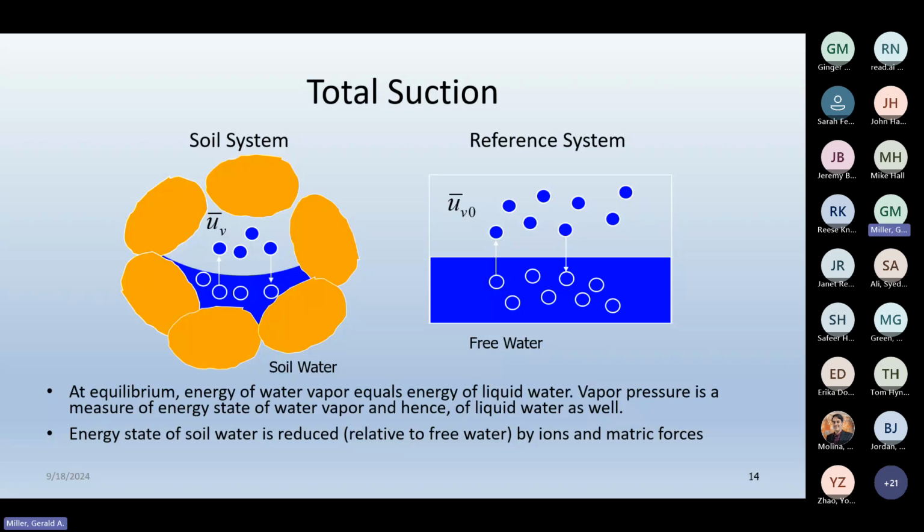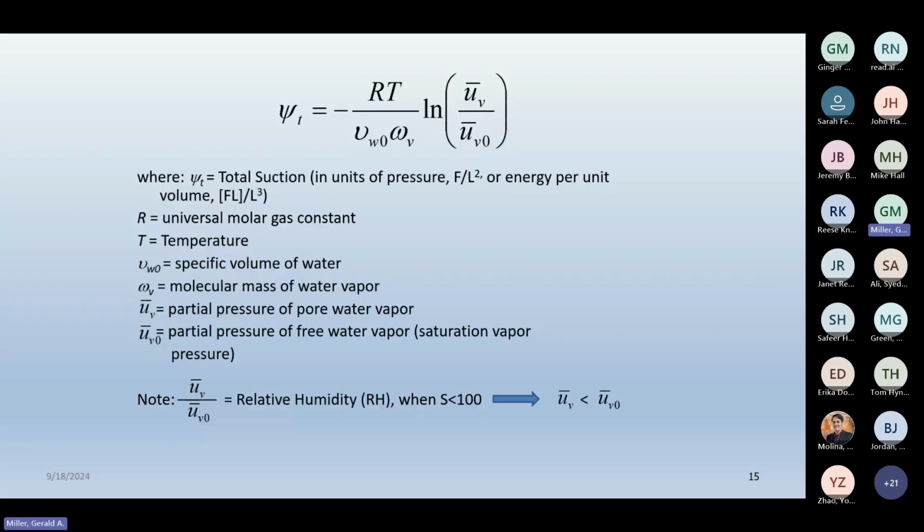So then based on this, and I'm not going to go into the details of this equation or its derivation, this is the thermodynamic equation that defines total suction. It's based on the kinetic theories of gases, but what it boils down to is that term in the brackets at the end, the partial pressure of the pore water vapor over the partial pressure of the pore water vapor in the reference system.